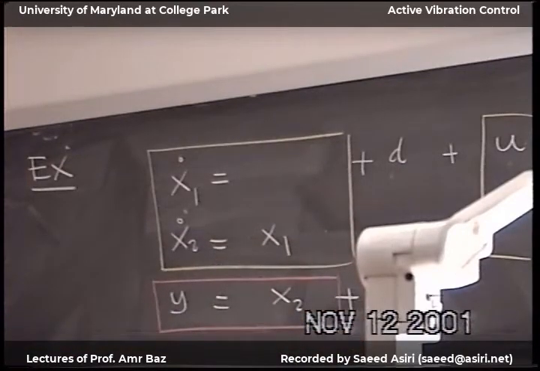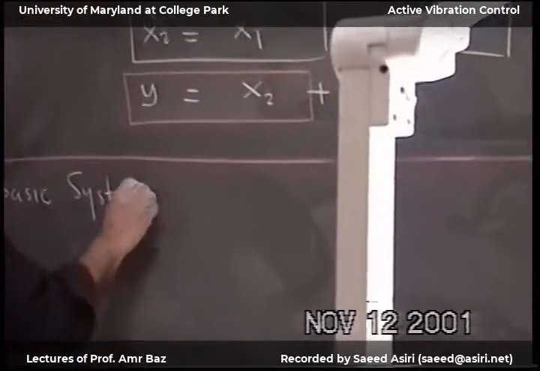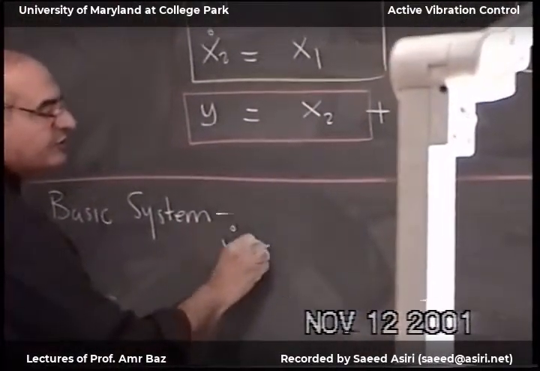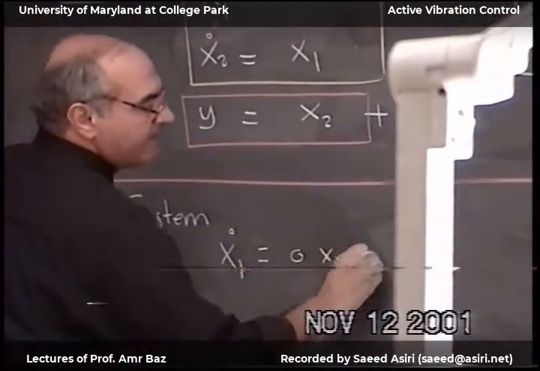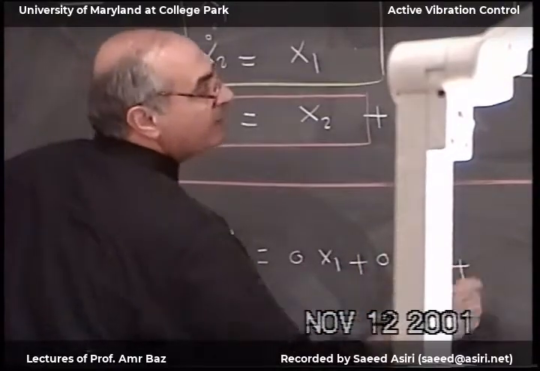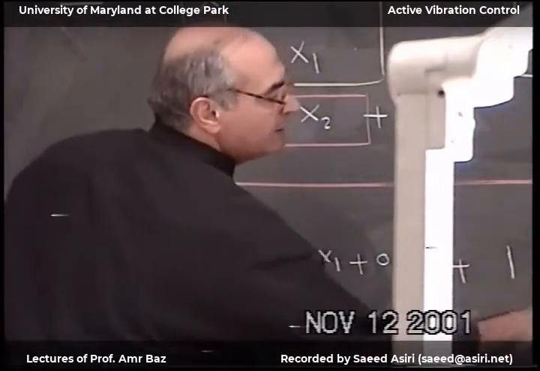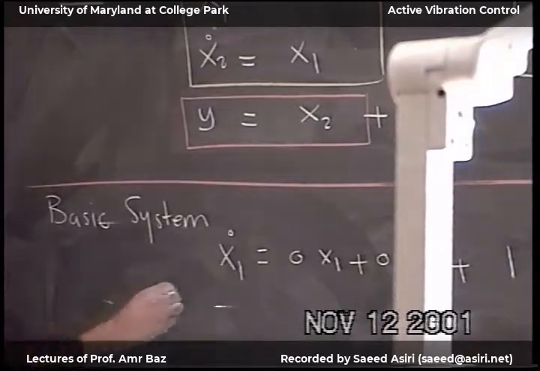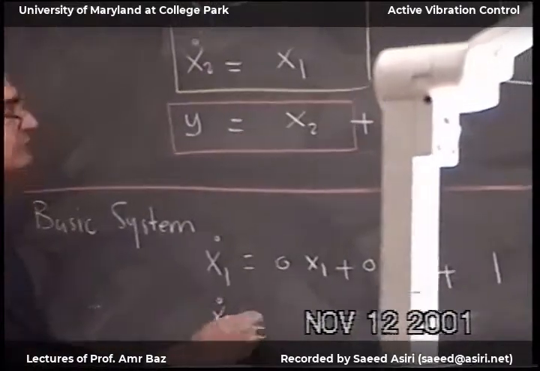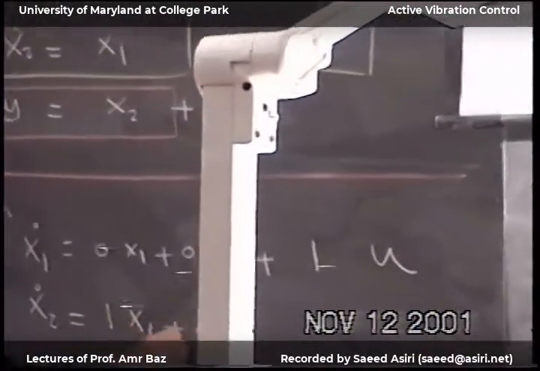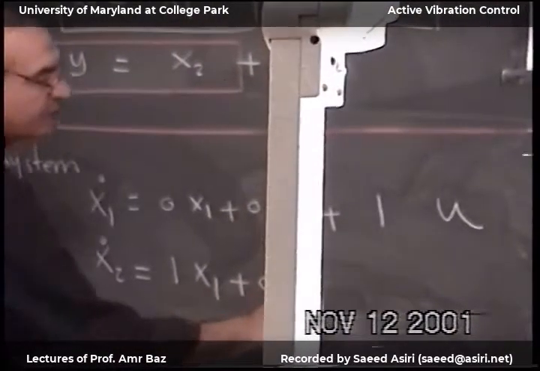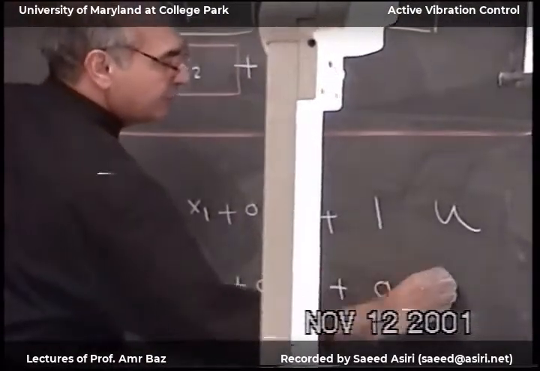So the basic system is x1 dot equal to 0 times x1, 0 times x2 plus 1 times u. And then x2 dot is equal to 1 times x1 plus 0 times x2, 0 times u.